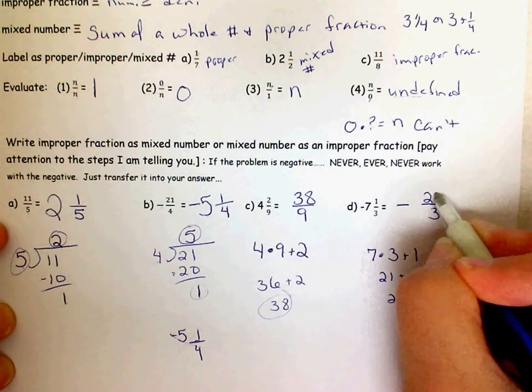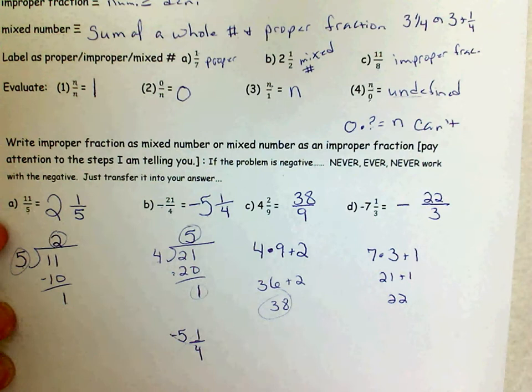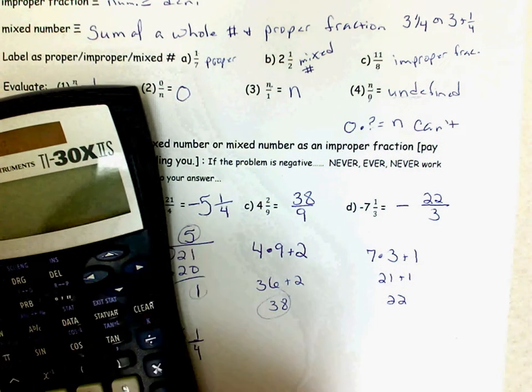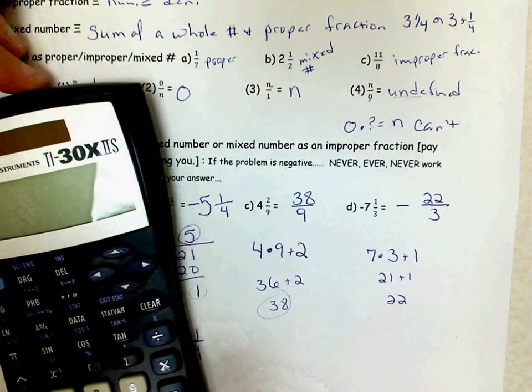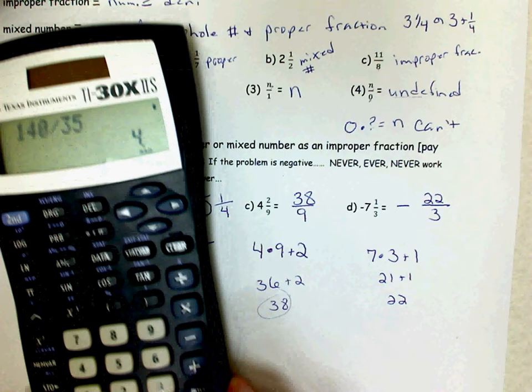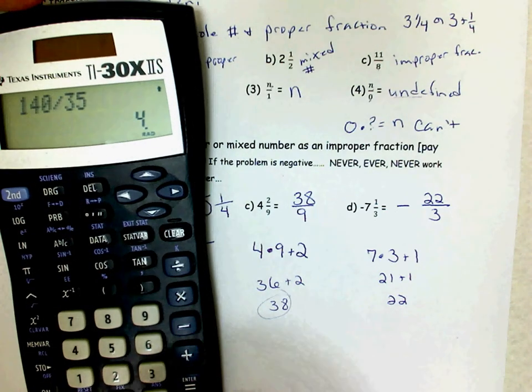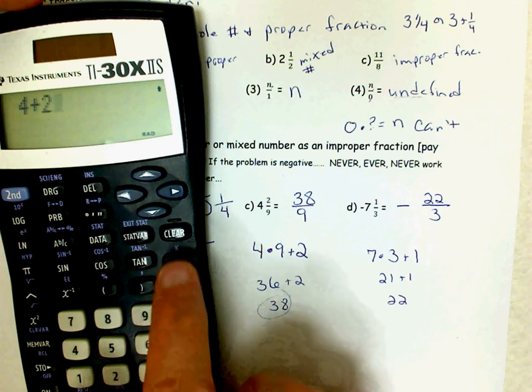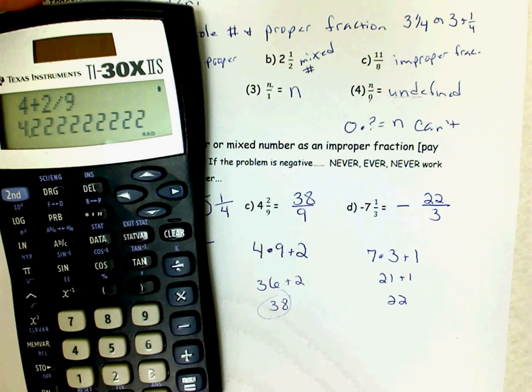Now I just want to show you something with number C. There we go. Now you can see it. If I put 4 plus 2 divided by 9, that gives us 4.2 forever.